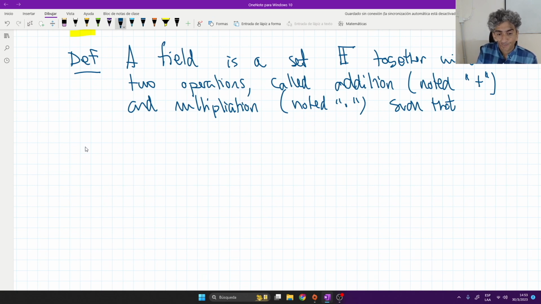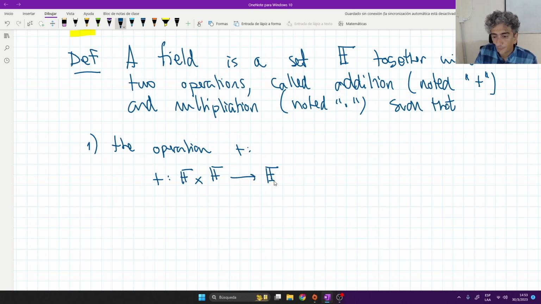So first of all, the operation plus takes two elements of the field and produces a new one, right? So this is what we call a binary operation that takes the pair (a, b) and produces a new element called a plus b.